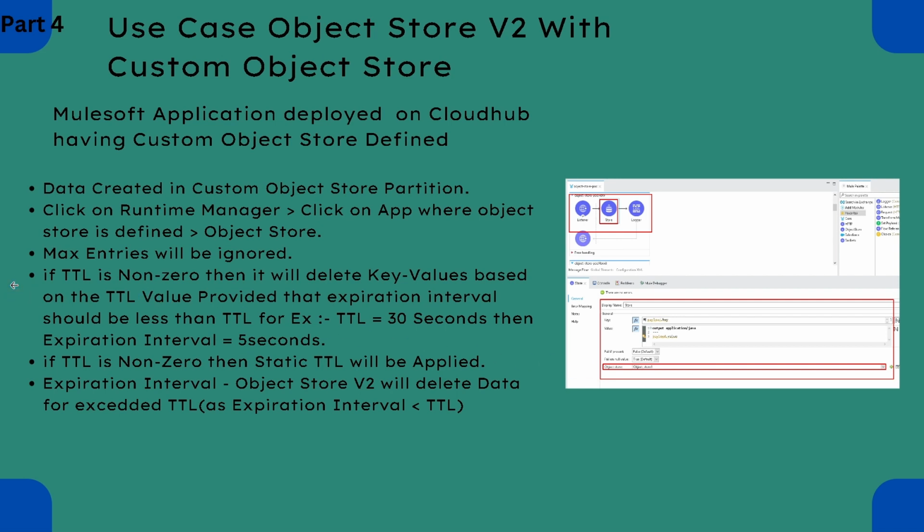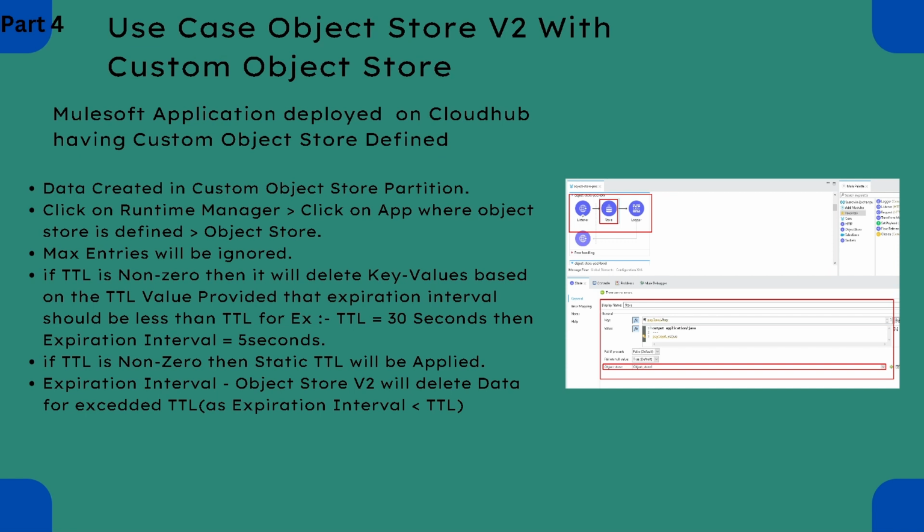Moving on to the next point. If TTL is non-zero, then it will delete key values based on the TTL value provided. But you have to keep one thing in mind: the expiration interval should be less than the TTL. If TTL is 30 seconds, then the expiration interval should be 5 seconds, so that the expiration thread will check after every 5 seconds whether the TTL has expired or not.